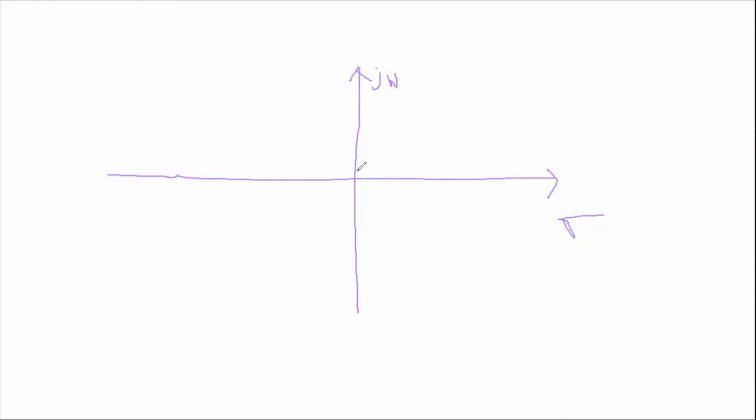I repeat, K into (s plus 2) into (s plus 3) divided by s into (s plus 4). So look at the solution on the screen.